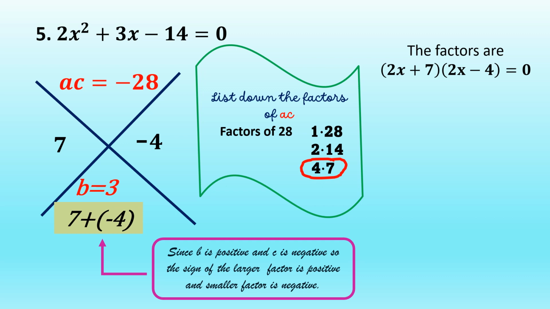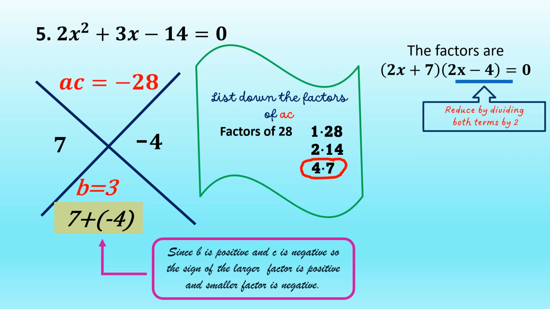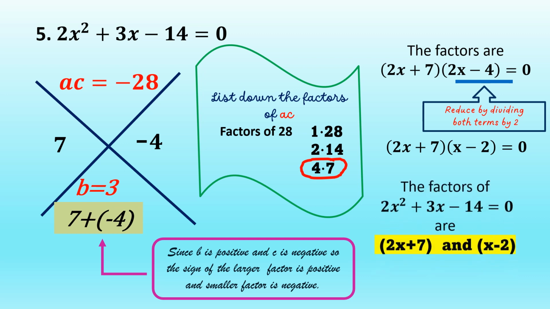We need to reduce one factor. So we will reduce 2x minus 4 by dividing both terms by 2. So our new equation would be quantity 2x plus 7 times quantity x minus 2 equal to 0.